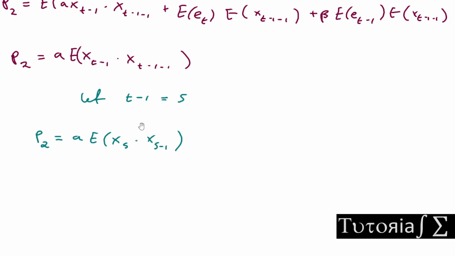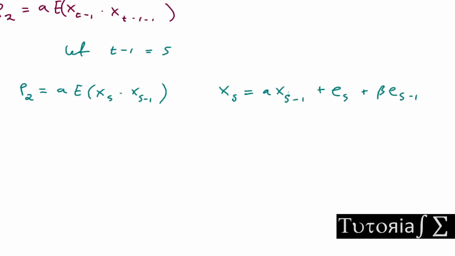So we have that, where x_s is just an ARMA(1,1) with that equation, a x_{s-1} plus e_s, again, plus beta e_{s-1}. So that is that.